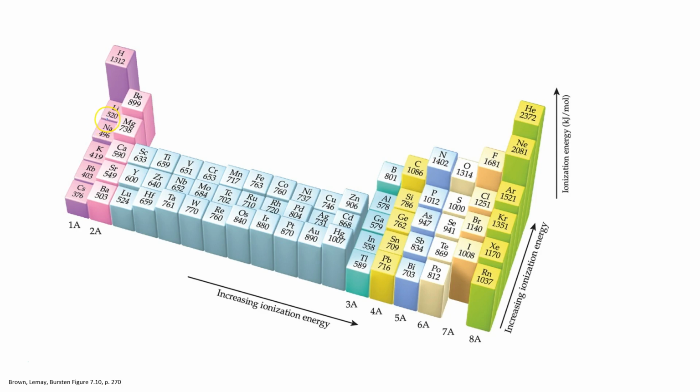That's true for the most part, but we do have some exceptions. If we look at the second row, ionization energy increases, but then it drops again. So I want to spend some time talking about this exception, beryllium and boron, and then you may notice another exception. As we move across the row, ionization energy increases, but then there's another exception right here for nitrogen and oxygen.